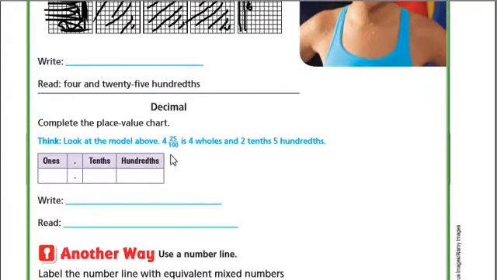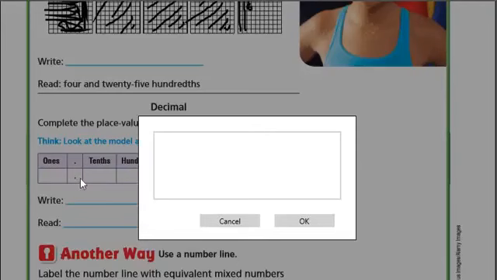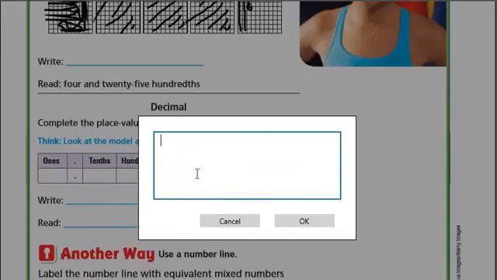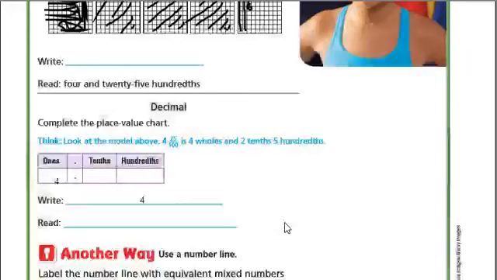Let's represent this mixed number as a decimal number. How many ones do we have? Yes, it's 4. I write it here. 4.